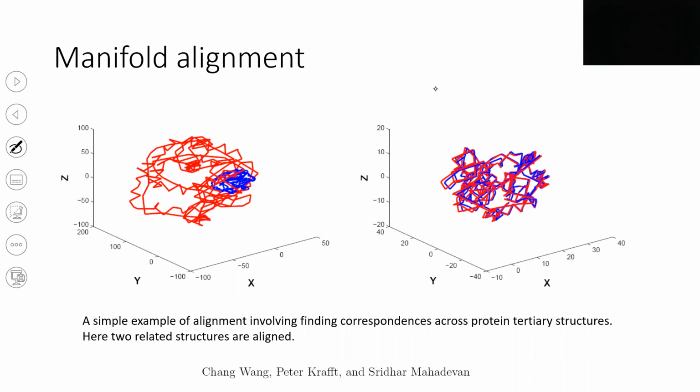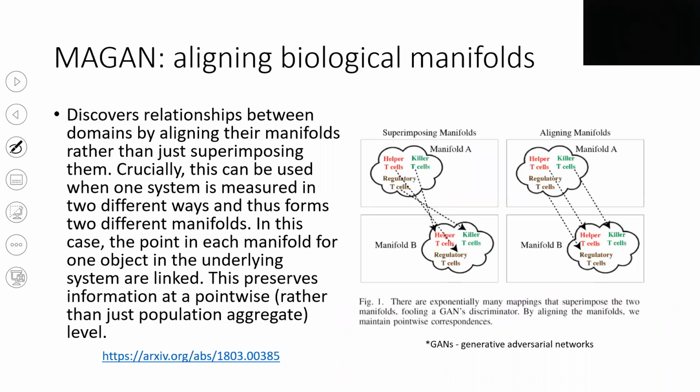This is an application to protein structure, and this protein structure was solved at completely different scales. You see red and blue, and blue is much smaller, but once they align, the shape is shared. Yeah, we can see a lot of applications.